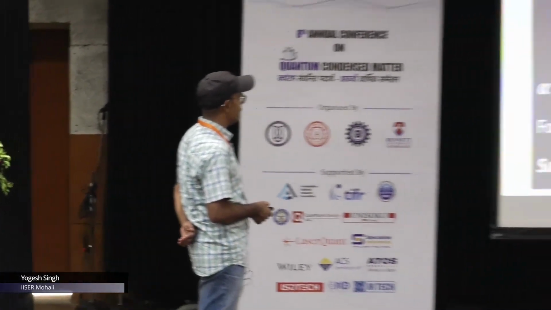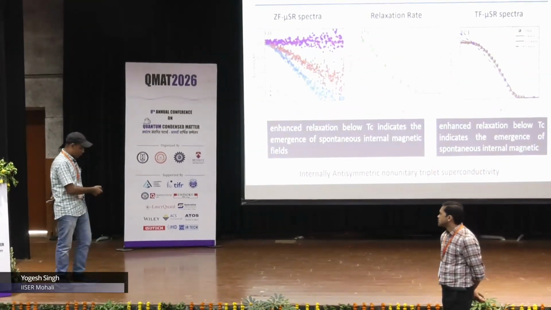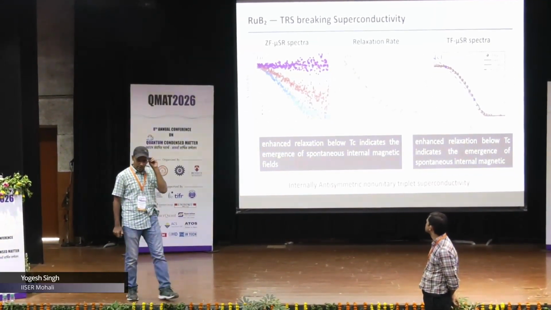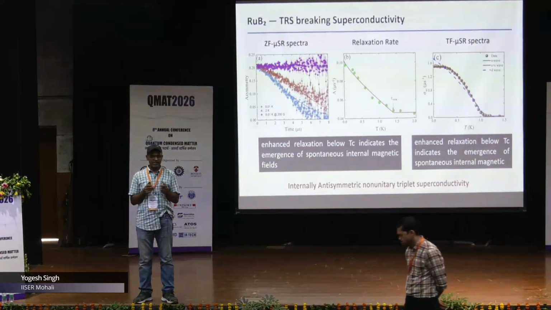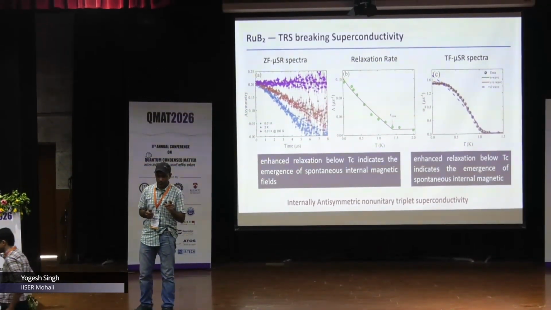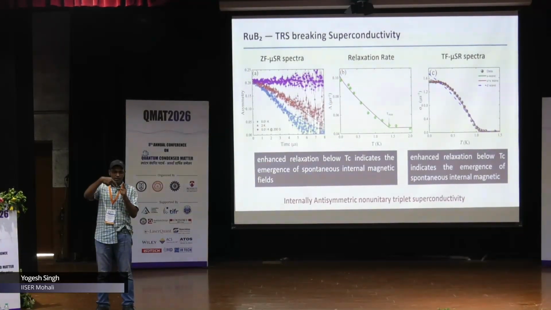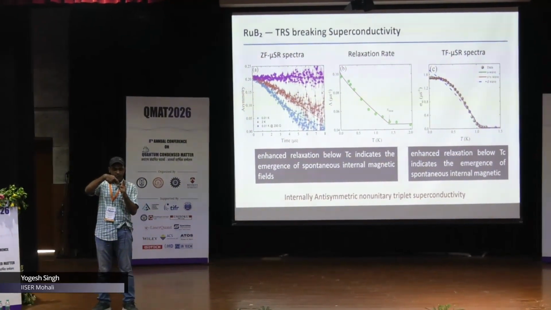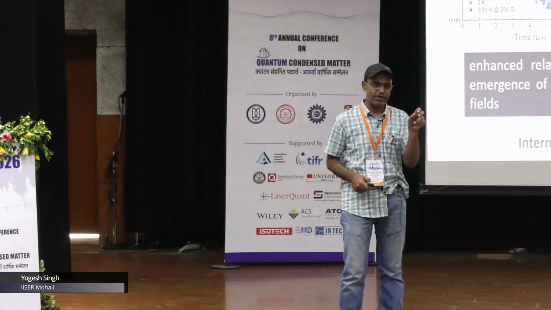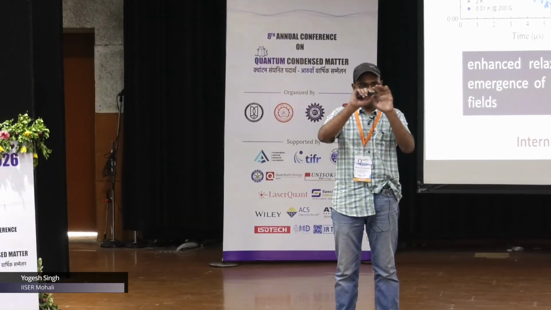So, yes, this one. So the point is that in a Cooper pair, the total wave function must be antisymmetric because you have a pair of fermions. Now, in the normal S-wave superconductor, the 2 spins form a singlet, and therefore the spin part of the wave function is antisymmetric, and therefore the spatial part is allowed to be symmetric, and therefore S-wave can happen.